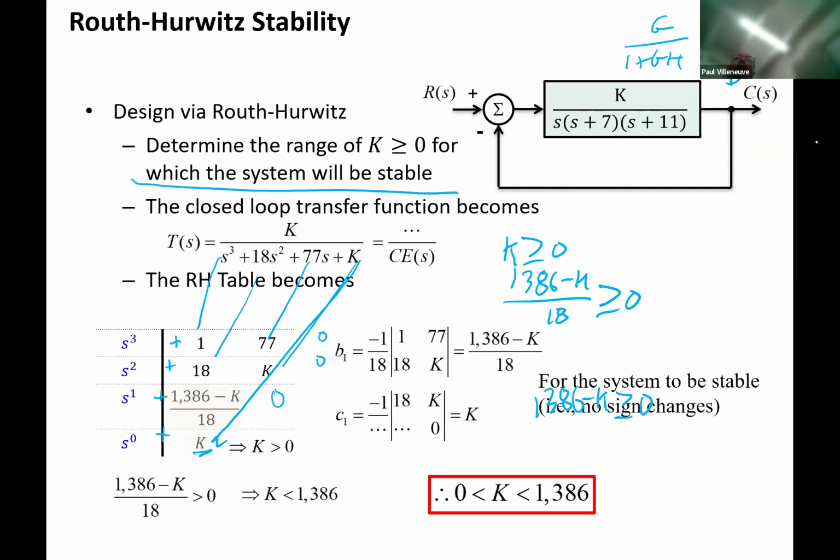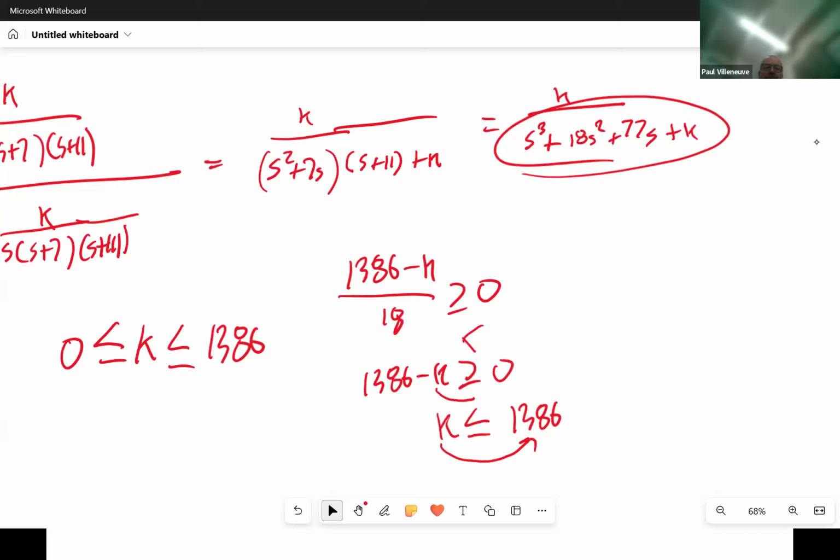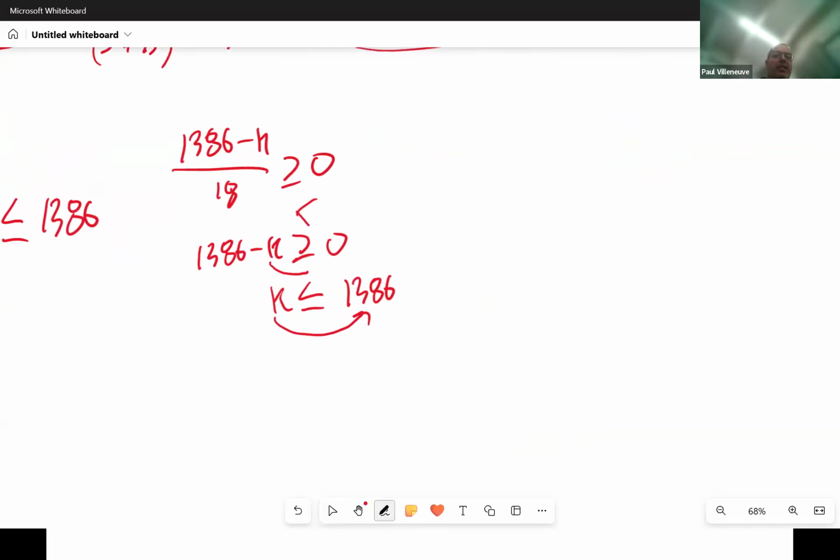What's your transfer rule? Here. Yeah, this is just algebra. Because I can do this, right? I can do negative K is greater than or equal to negative 1386, if I just did algebra. And then I multiply both sides by -1, and you think, oh, that's that, right?